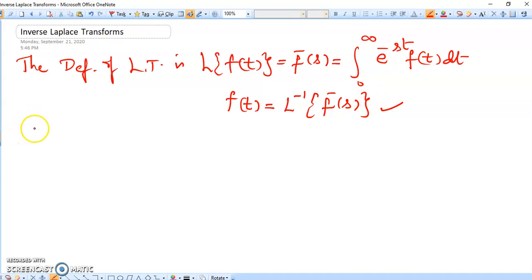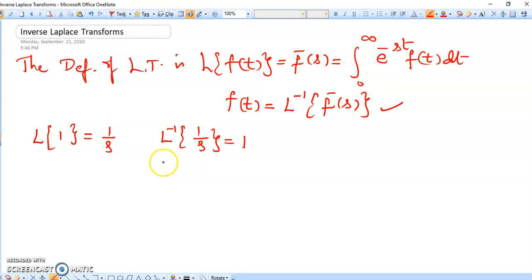Now all the elementary results that we read in the Laplace transforms, we can apply the inverse Laplace transform and rewrite all the definitions. For example, we have studied Laplace transform of 1 is equal to 1 by s. Now, whenever we have a function of s, we can apply the inverse Laplace transform and write L inverse of 1 by s is equal to 1.